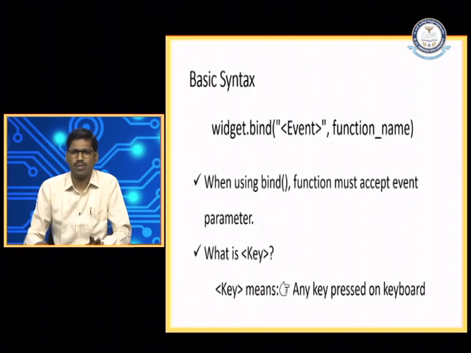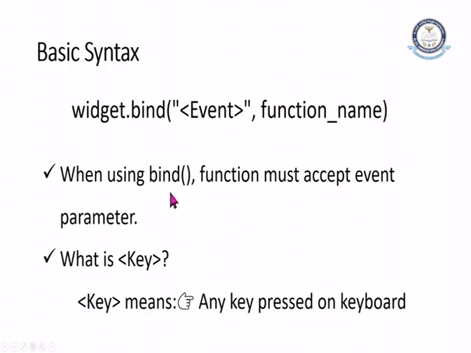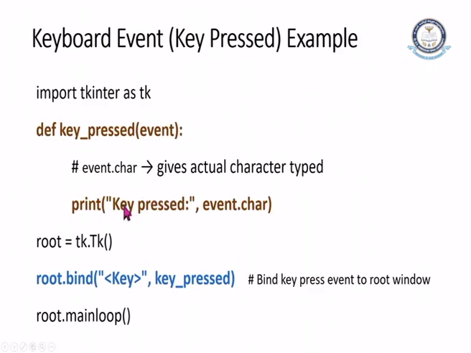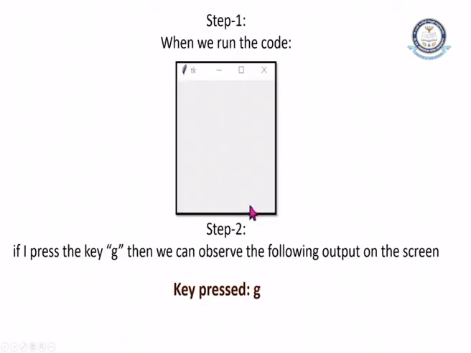Whenever we are working with keyboard events, we can use different types of keyboard events also. With the help of that we can understand what key is pressed on the keyboard. For that we can use event.char. Suppose you execute this code and press G, you can identify key pressed G, nothing but you pressed the G key.